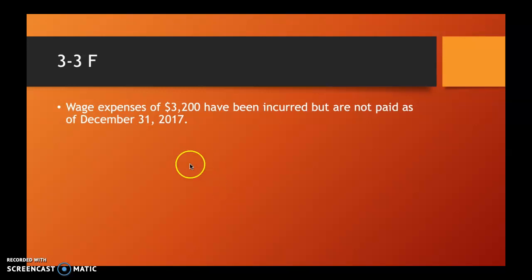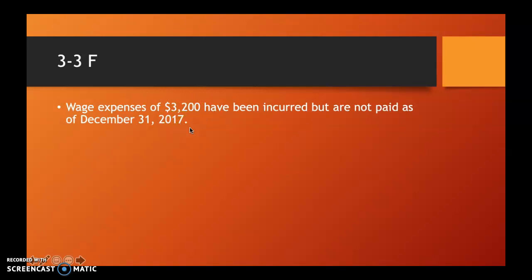So $3,200 has been incurred in 2017, but it's not being paid out until 2018 because that's when the pay period ends. But because of the rules of accrual accounting and how we need to record revenues and expenses in the period in which they occur, we need to record this $3,200 wage expense for 2017.